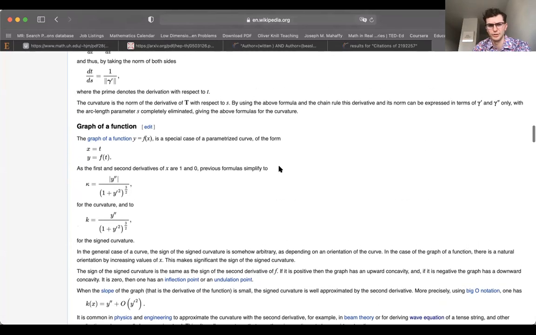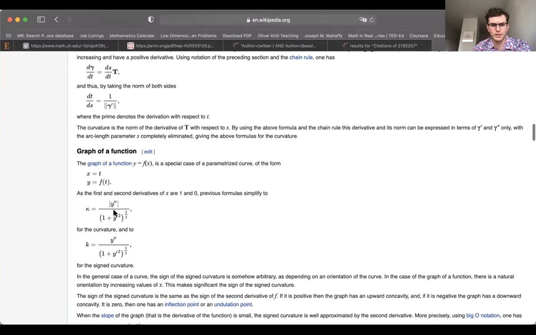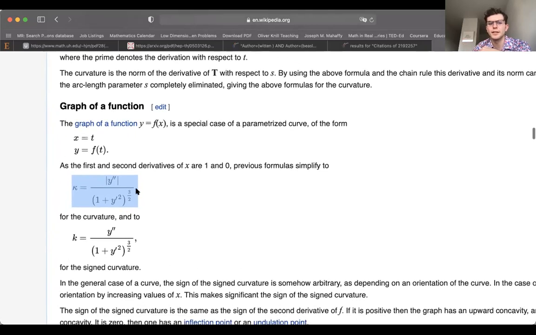In the case of the graph of a function y equals f of x, the formula for the curvature is a little complicated, but at least the numerator involves the second derivative. At an inflection point, where the second derivative vanishes, the curvature becomes zero, and that means you need a circle of infinite radius. Is that making sense? Is that okay?